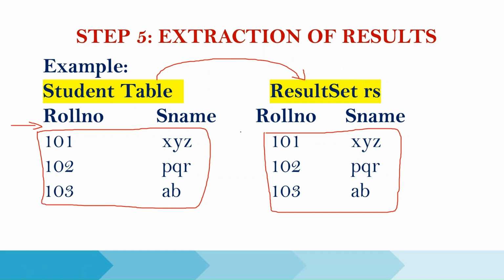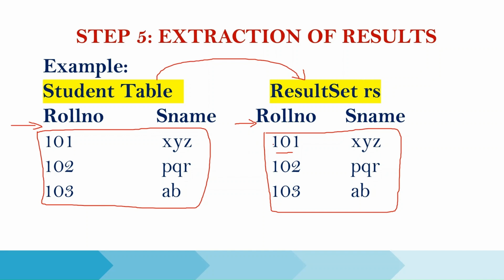Now in the result set, because we dumped into the result set, not the actual table, we need to work with the result set. So by default the pointer is here. Now I need to move to the first record. So the question is how to move the result set pointer to the next record. How to move that pointer is the biggest question here.